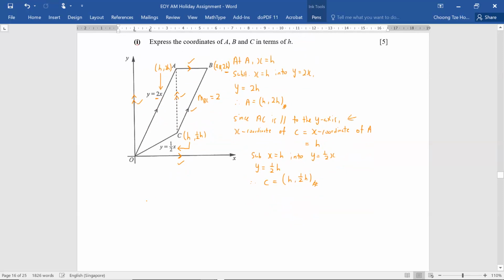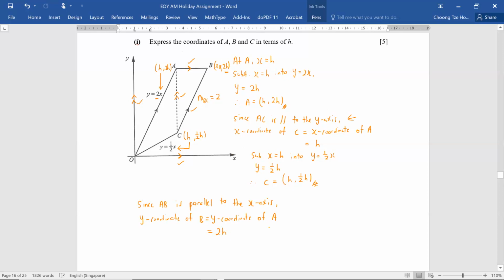Okay, so let's write, since AB is parallel to the x-axis, the y coordinate of B equals to the y coordinate of A. So will be equals to 2h.